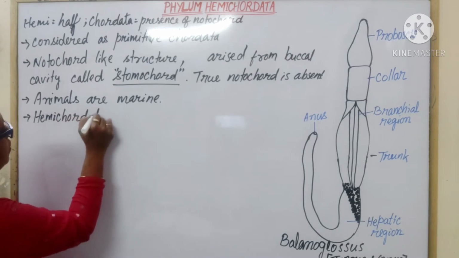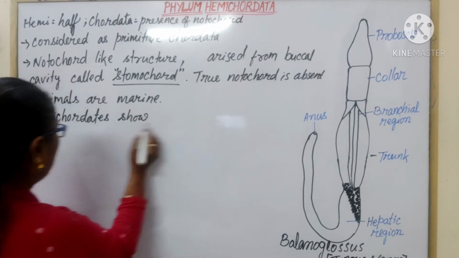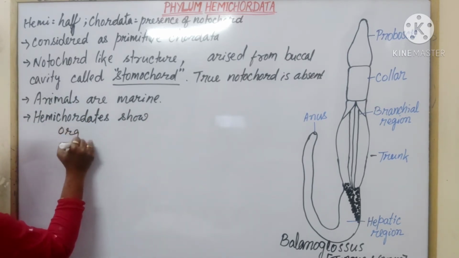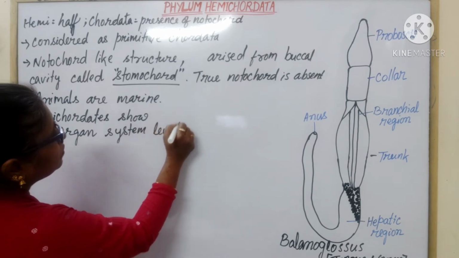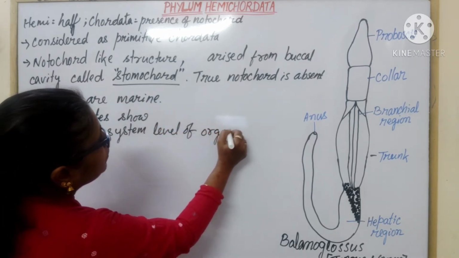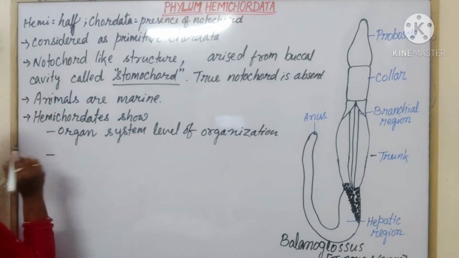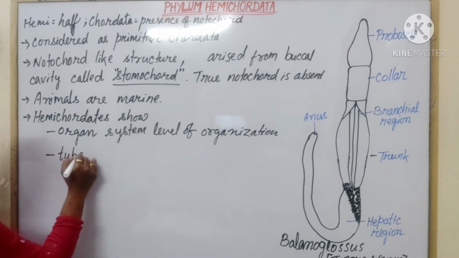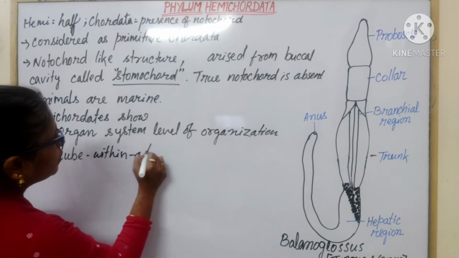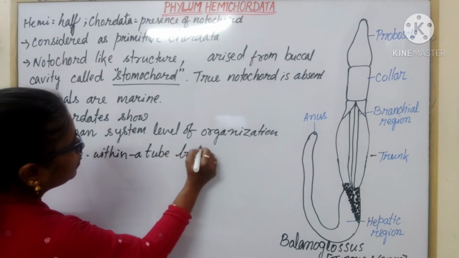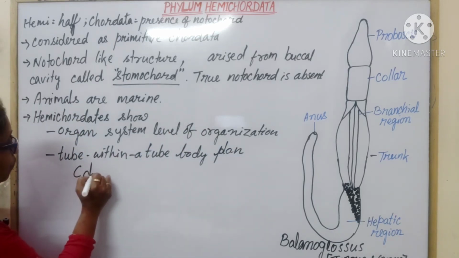Hemichordates exhibit organ system level of organization, the tube within tube body plan, that is deuterostome plan.